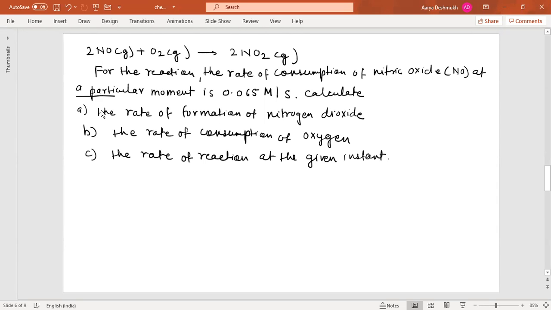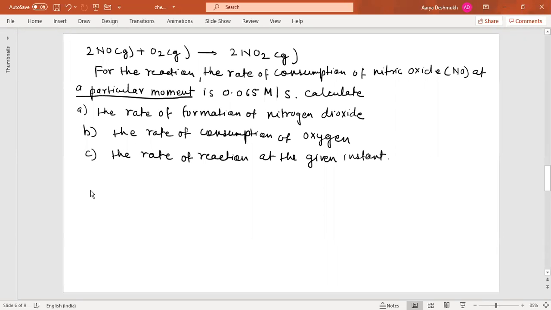When it is given at a particular moment, you should understand that you are supposed to calculate the instantaneous rate of the reaction. It is given as 0.065 molar per second. Now you are expected to calculate the rate of formation of nitrogen dioxide, meaning NO2, the rate of consumption of oxygen, and the rate of reaction at a given instant. So we'll solve one by one.